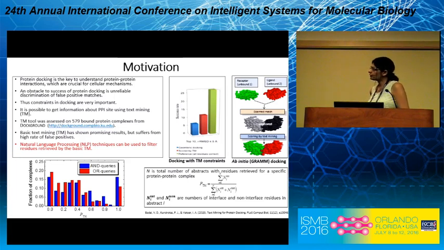In this plot, the blue bar is low-resolution geometric scans taken from ab initio GRAMM docking without post-processing. In the red, the text mining constraints were added to it. And in the green, this is the reference, and this is the best we can achieve because these are the actual residues in the bound complexes.